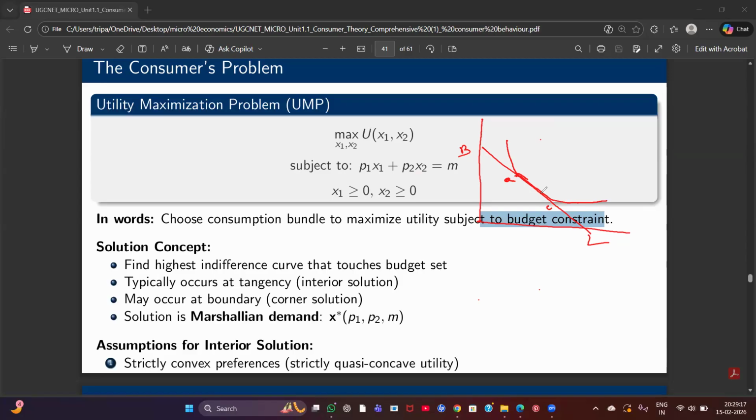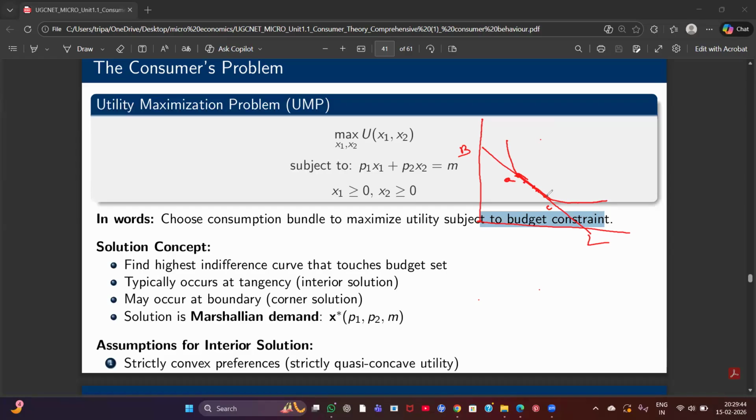In this condition, the tangency between the budget line and the indifference curve occurs at more than one point. All these points will be solution points, because it's a property of the consumer maximization problem that the solution occurs where the slope of the budget line equals the slope of the indifference curve. Here, the tangency occurs at multiple points.